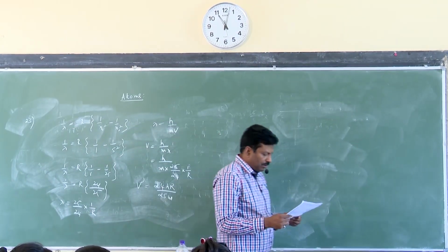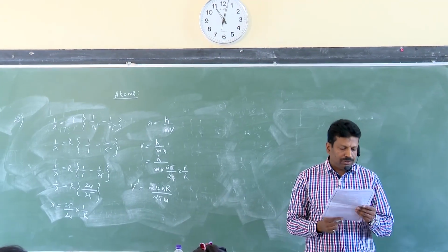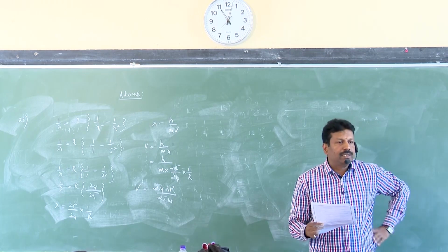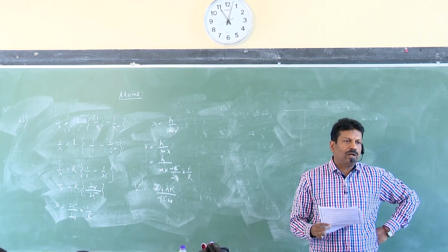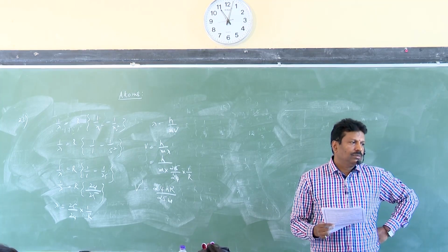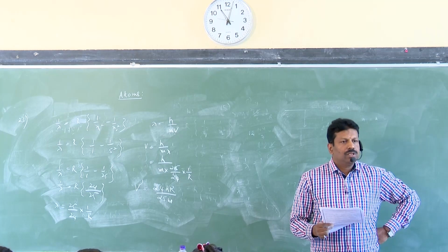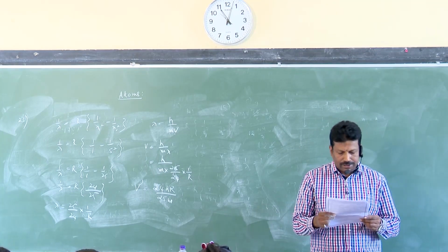We need not solve it. 24th question. The transition from the state n is equal to 3 to n is equal to 1 state. Any series which goes to the n is equal to 1 state, what type of series is it called? Lyman series. So any transition from a higher energy state to the first state is called Lyman series.